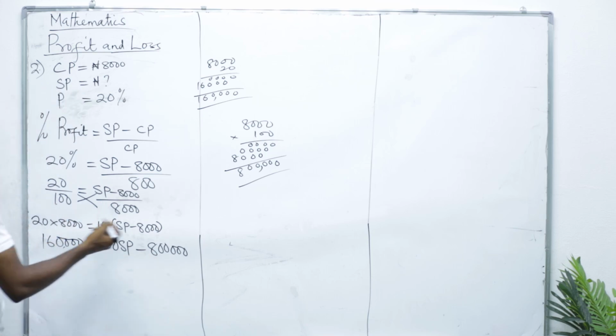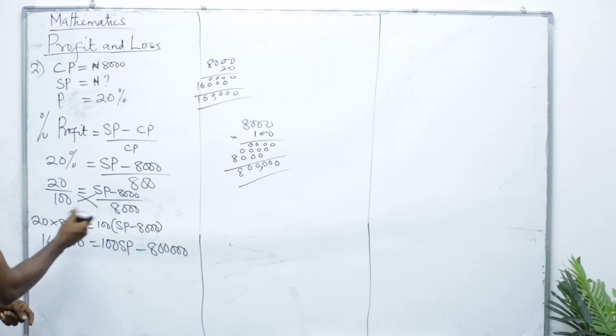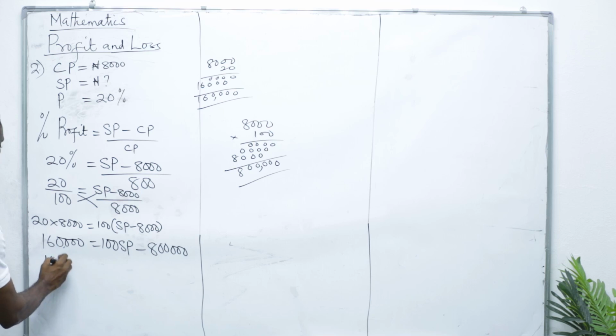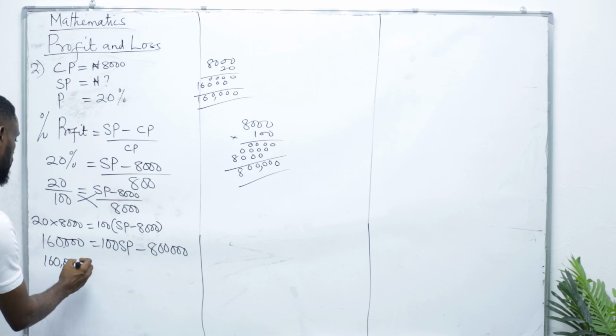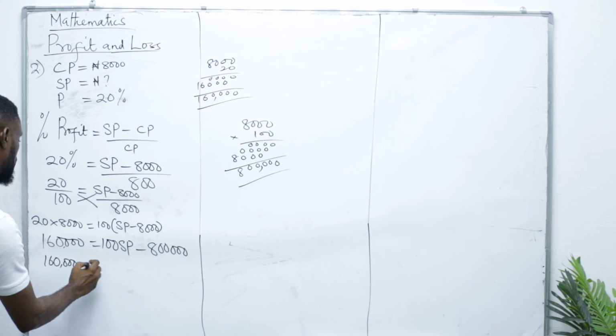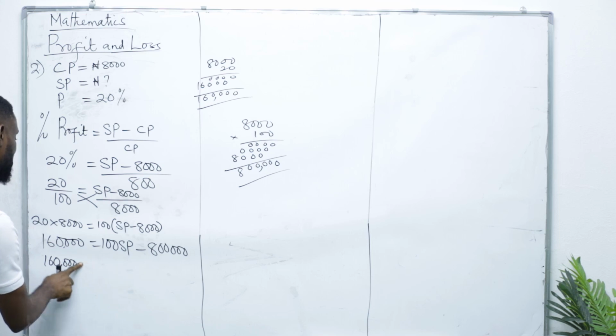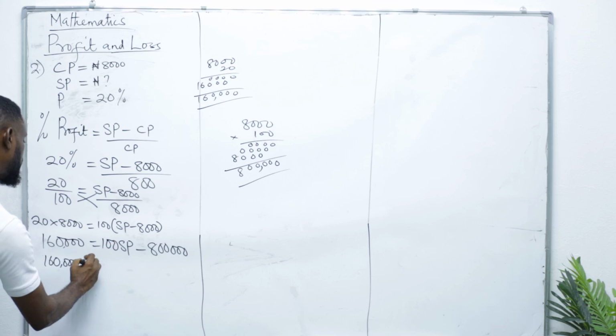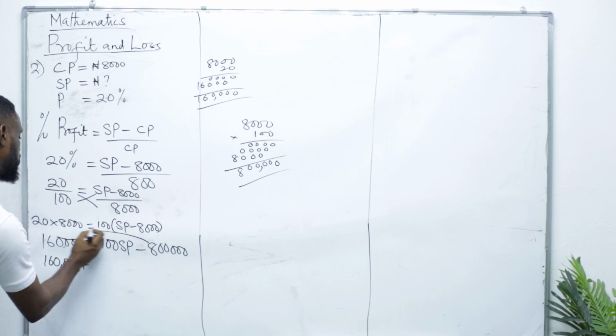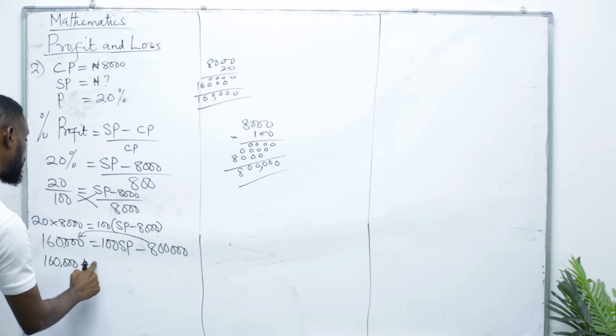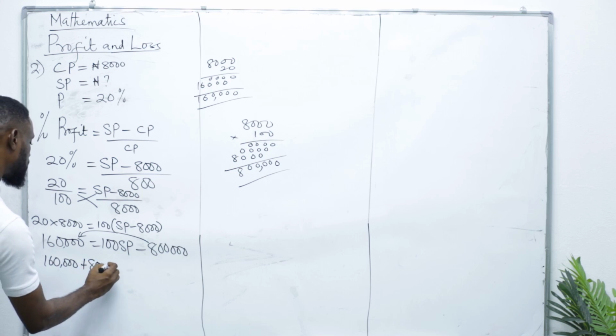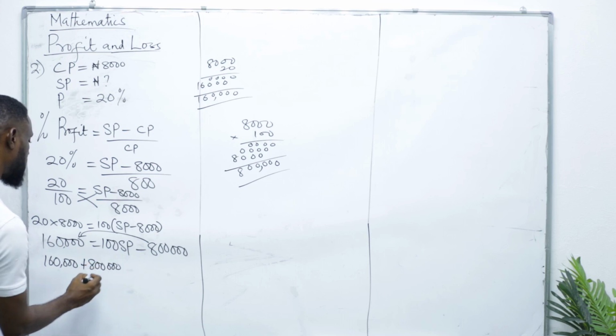So what do we do? We can take like terms here now. So this will mean 160,000 is equal to 100 SP minus 800,000. Because once this moves to this side, this changes to plus 800,000, right?